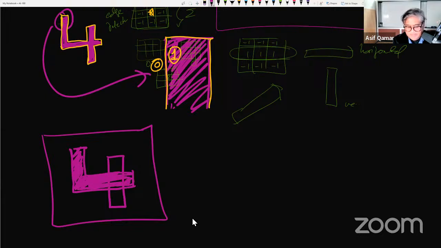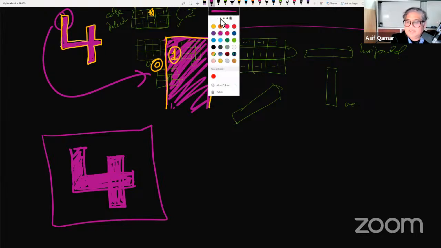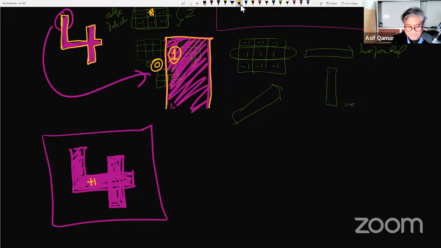Let me write the rules here. This inside is +1. Outside is 0. Black is 0. 4 is written with a chalk, white chalk. Well, it happens to be pink here, but white chalk, and it is +1.